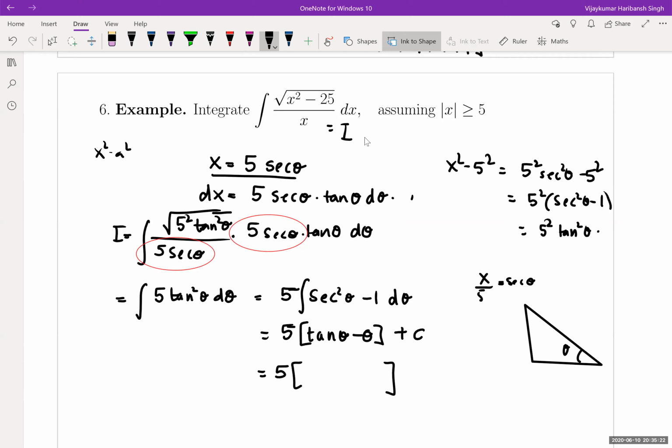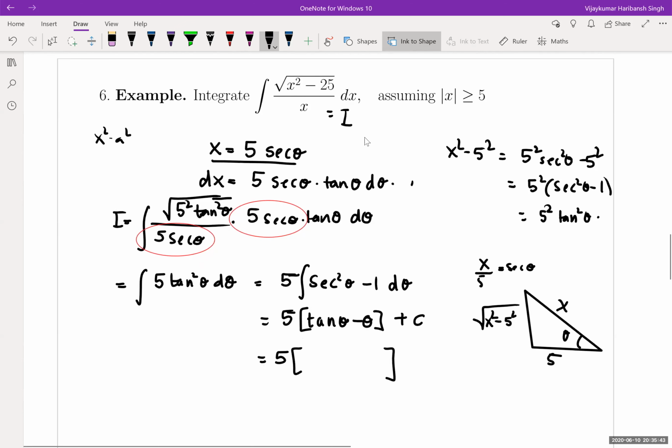So secant theta is hypotenuse divided by adjacent side. So this side is going to be, again using Pythagoras theorem, square root of x squared minus 5 squared.